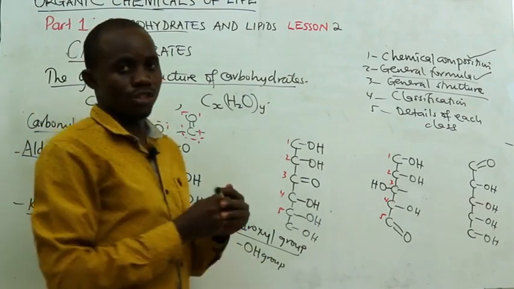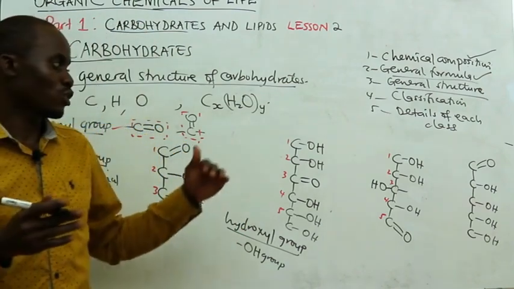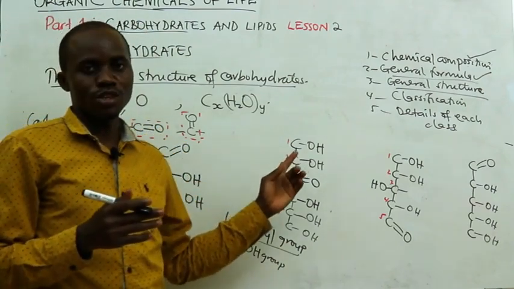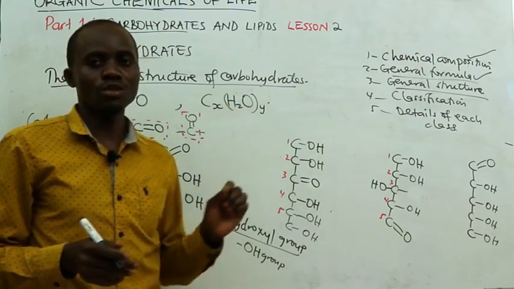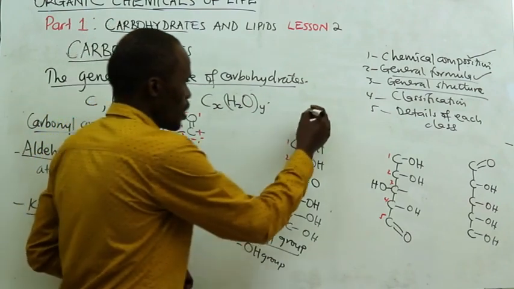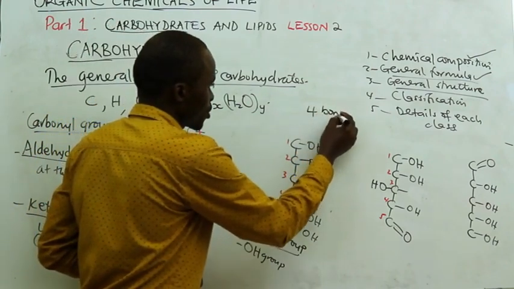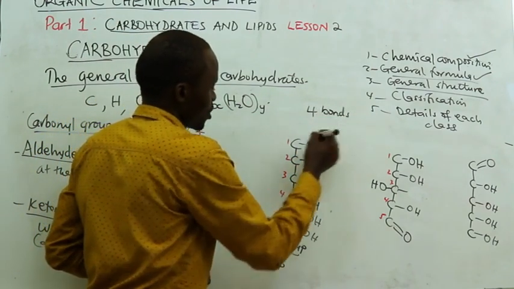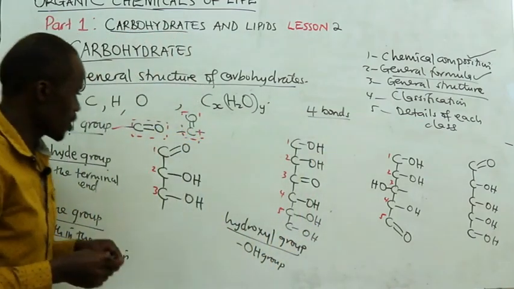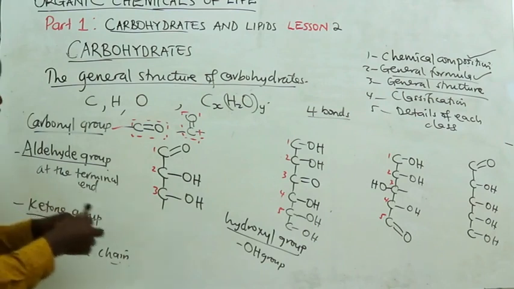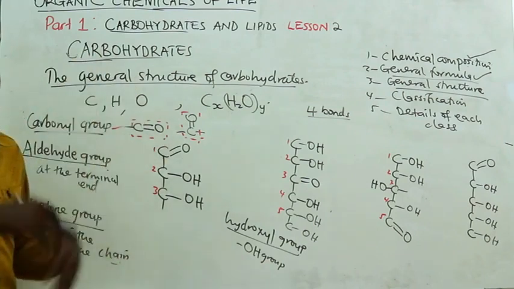What I'm trying to say to a layman is that you ensure that each carbon atom has 4 bonds connecting to it. Each carbon atom should have 4 bonds connecting to it. So that's what you do next, and you achieve that by just putting hydrogen atoms.